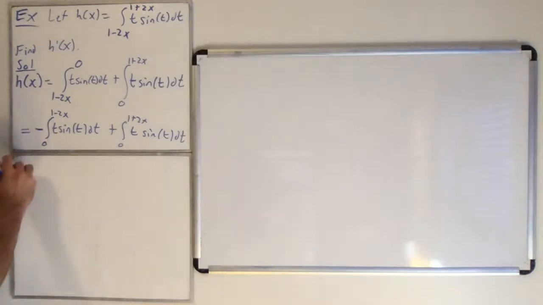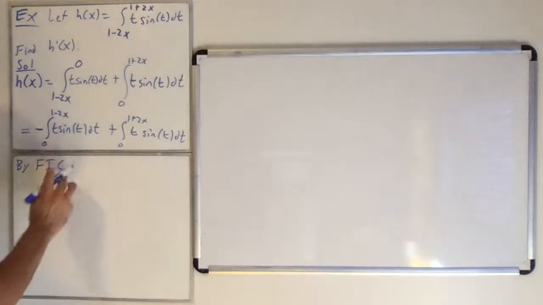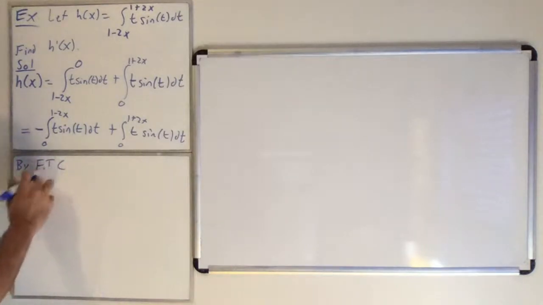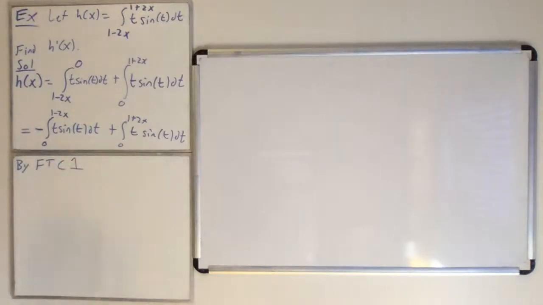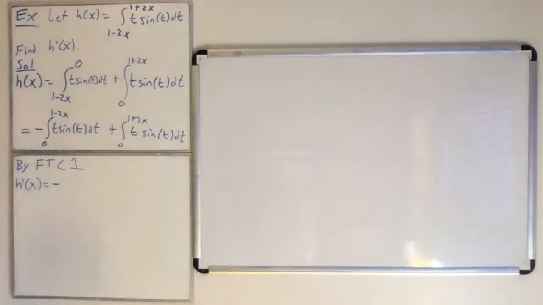So by the fundamental theorem of calculus part 1, we know that the derivative of this function here, you replace every t with 1 minus 2x.